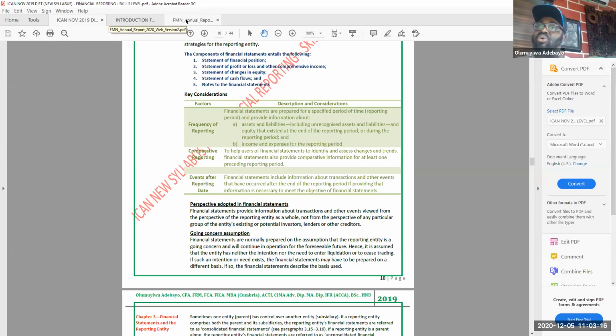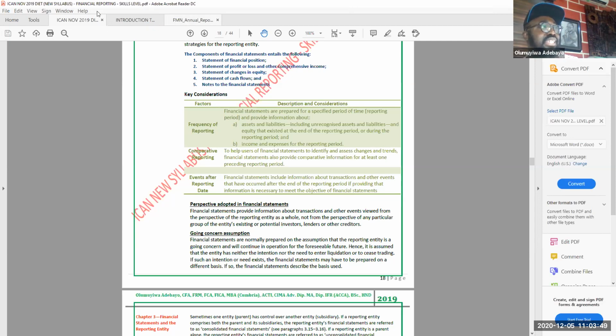It only occurred, by way of declaration as a pandemic by the World Health Organization, in January. Therefore, it's a non-adjusting event. But for Flour Mills, whose year end is 31st of March, as at 31st of March there is already a pandemic anywhere in the world, which means that to Flour Mills it is an adjusting event.